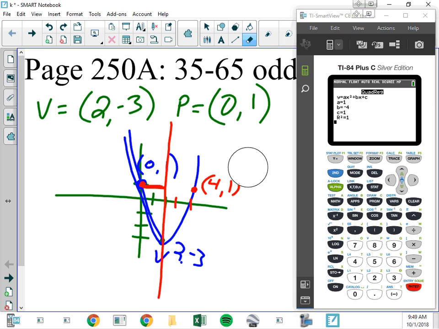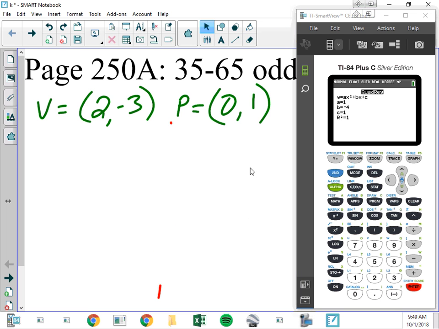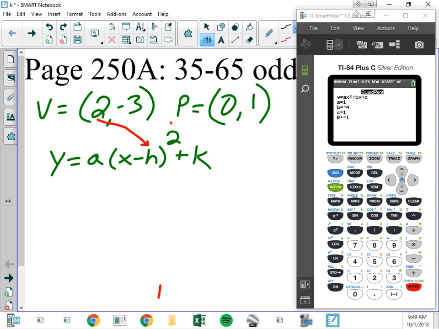We are going to use vertex form. So vertex form says y equals a times (x minus h) squared plus k. The h and the k are the vertex. So I am going to plug the x value of my vertex into h and my y value of the vertex into k.